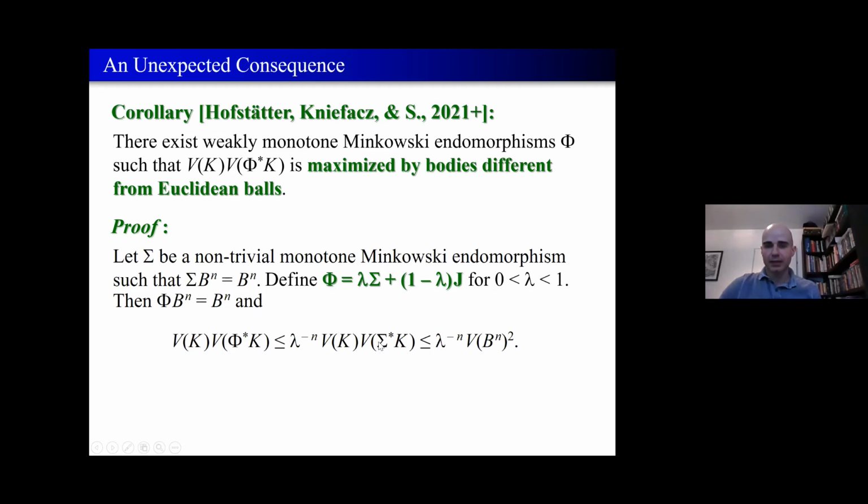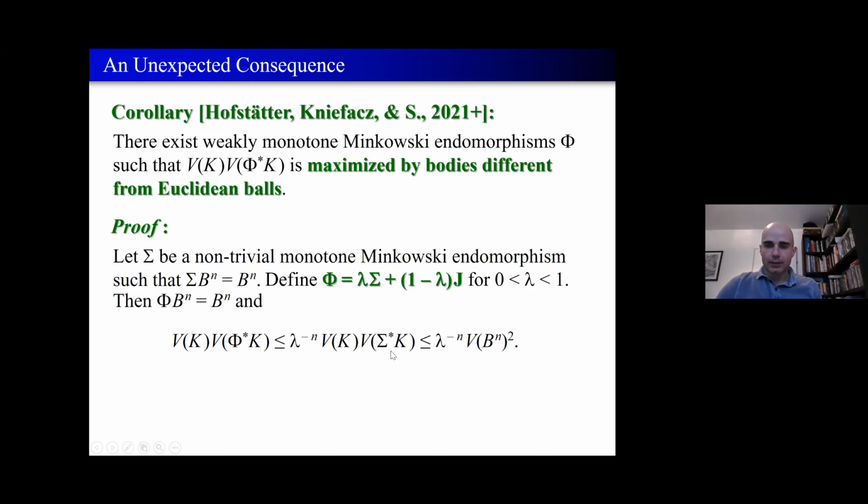So the lambda I've taken out from the sigma. Just by definition of the phi, we get this first inequality. And then for the volume product that we have now here, we just apply the theorem for the monotone Minkowski endomorphisms, which says that this is maximized by balls. And so we get this constant here.